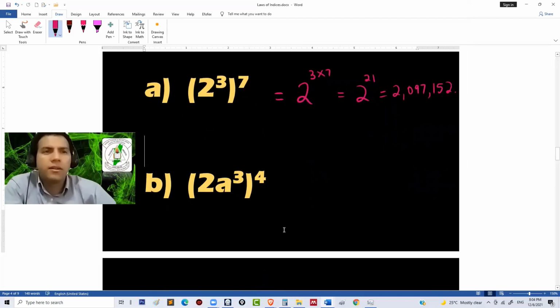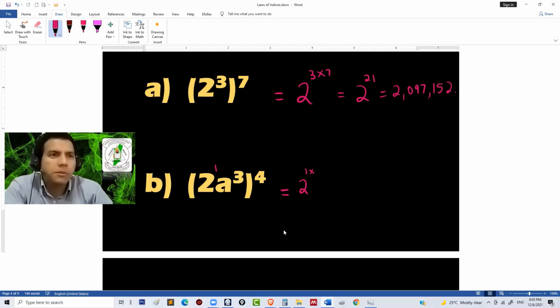In our second example, what is the power of the number 2? The number 2 has no power. The power is 1. So we'll say 2 power 1 times 4, a power 3 times 4. Power to a power, we multiply.